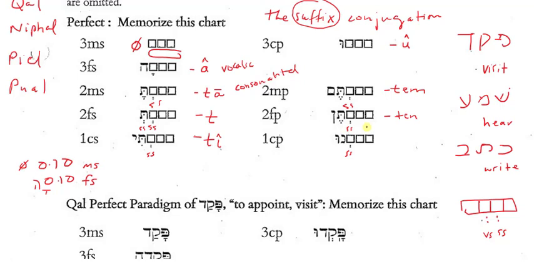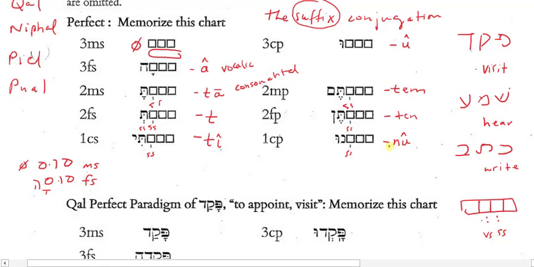They are consonantal. Good. And then the final one, if I want to say we did something, I add the ending nu, which is a noon and a shurik. Is that a vocalic or a consonantal ending? Consonantal. It's consonantal because the ending starts with an N, and an N is a consonant.